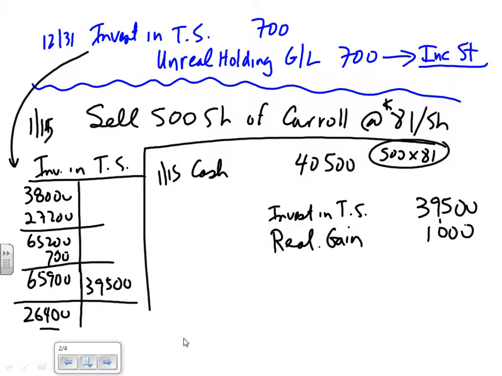All right. Now, I want to do this also as if this was available for sale. So I'm going to go back here and adjust. What if instead this had been available for sale securities? Again, we would have made our two journal entries.